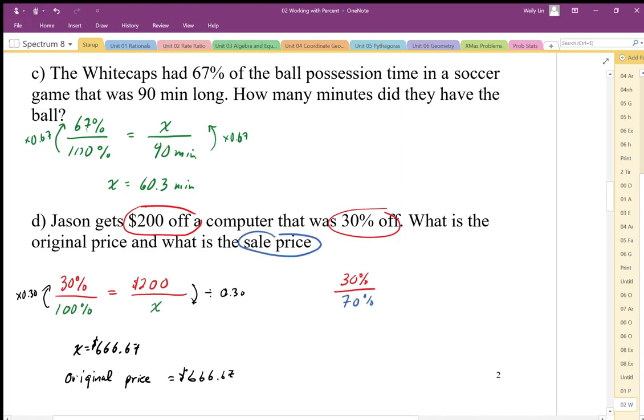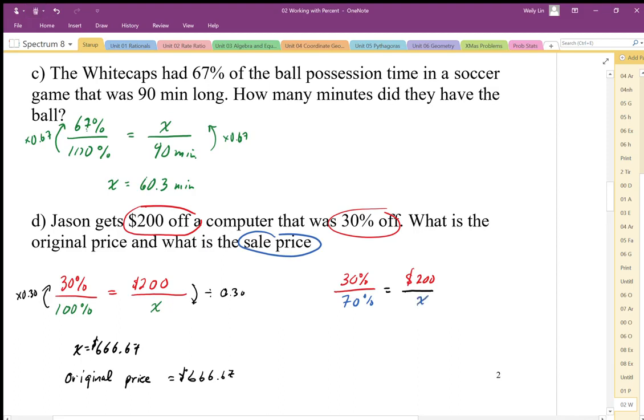The sale price is actually 70% of the total. And we can compare the discount to the sale price. The discount was $200, in dollars, and we're going to compare it to the X, which would then represent the dollars of my discount.